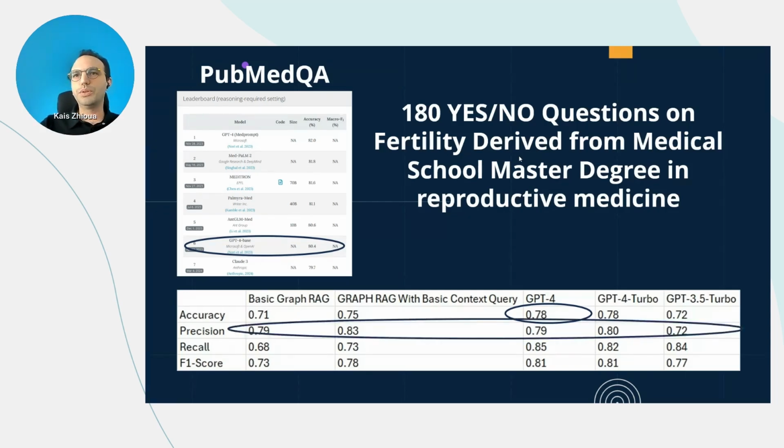But our model showed to be more precise compared with all the different models. And adding a basic contextual query, compared to a basic GraphRAG, could enhance the quality of the model.